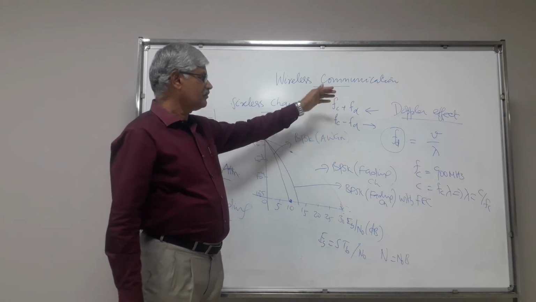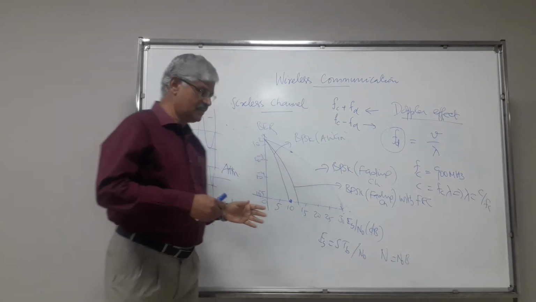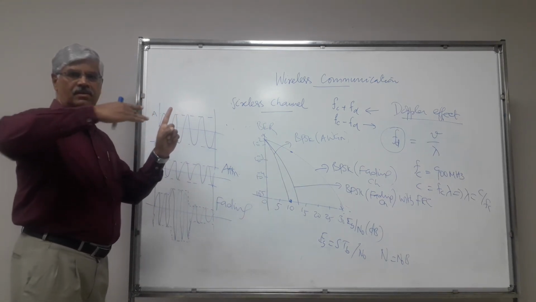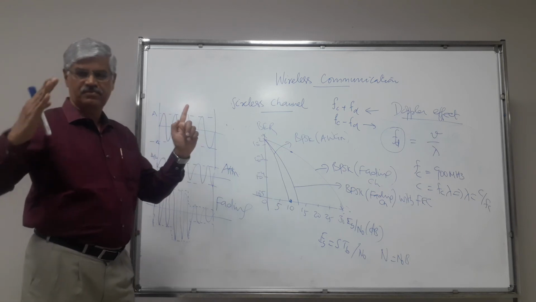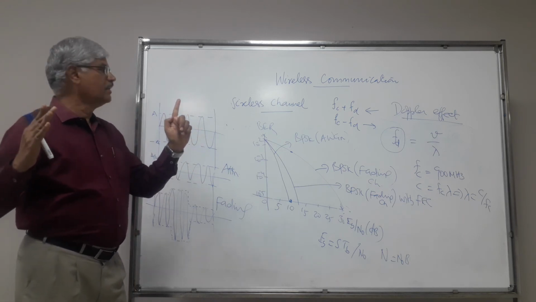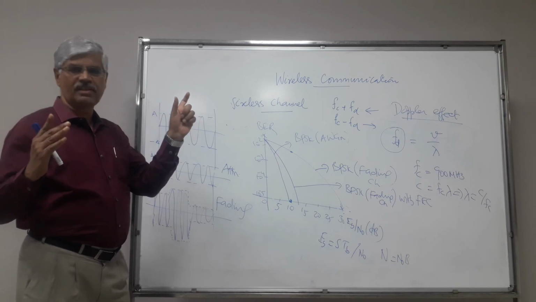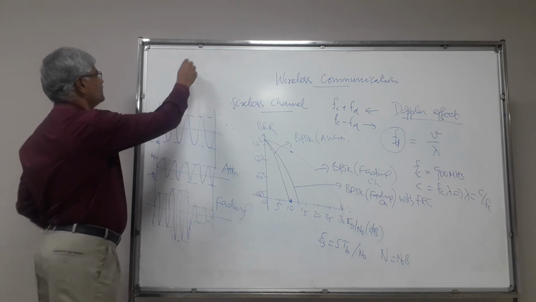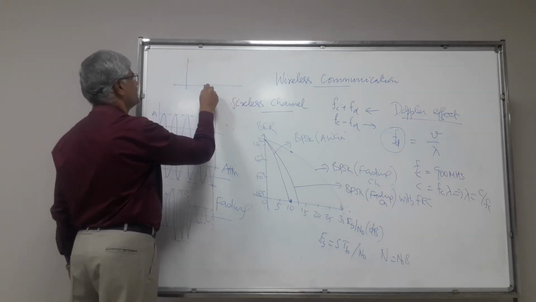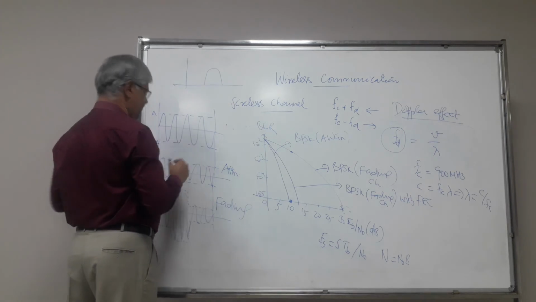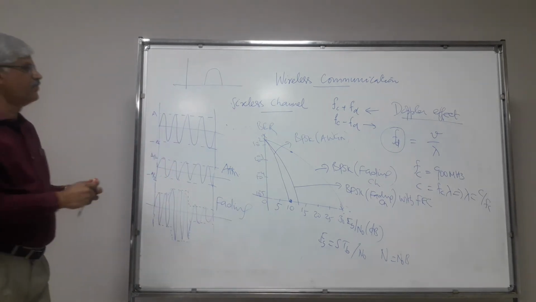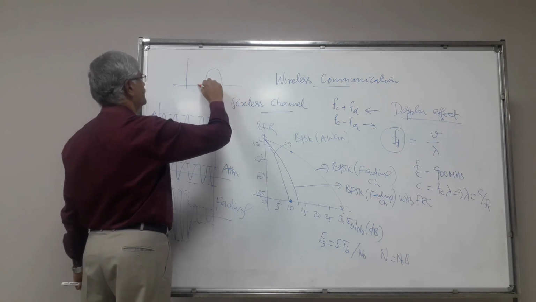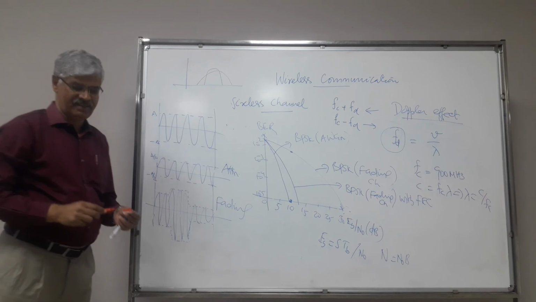One is time dispersion. In the previous case, one impulse is dispersed over time, and in this case, one frequency that you have transmitted is smeared like this. If you look at the spectrum, you transmitted a spectrum like this, but the effect of the Doppler shift is that you will receive a spectrum like that.